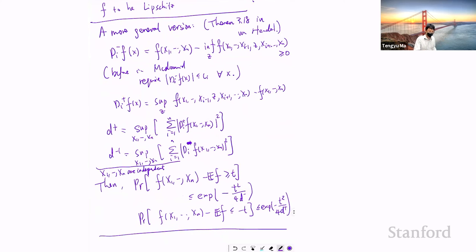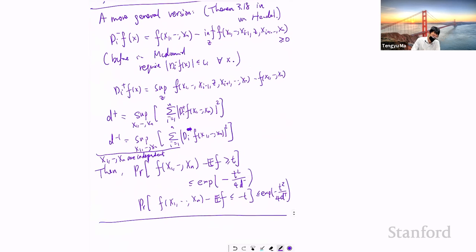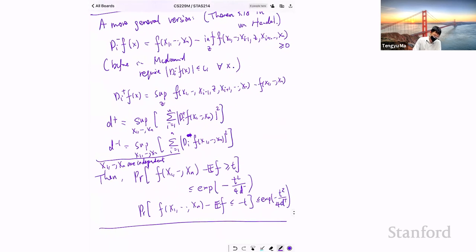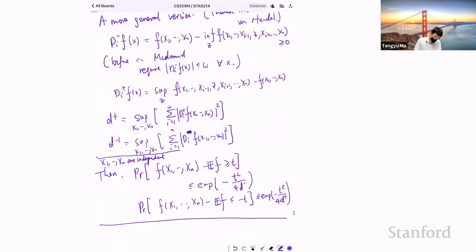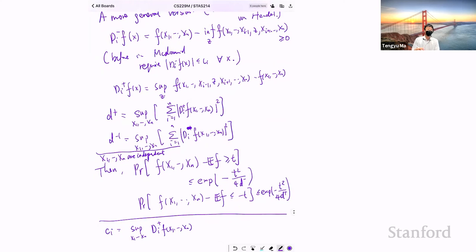The important thing is what this d plus and d minus are, and how they differ from McDiarmid. The difference is that in McDiarmid, for the c_i, you take the sup over x1 up to xn of d_i plus f(x1, up to xn). This c_i is a global sensitivity for the ith coordinate.